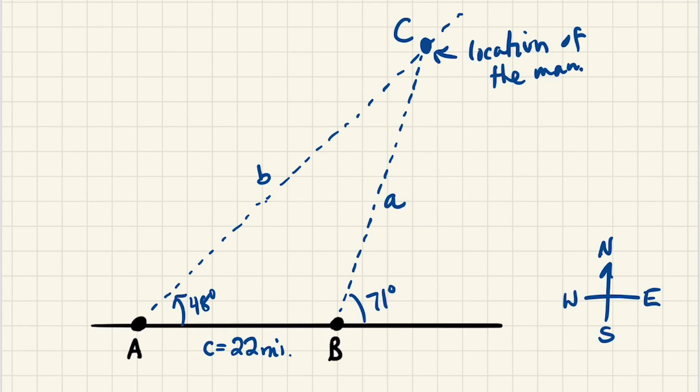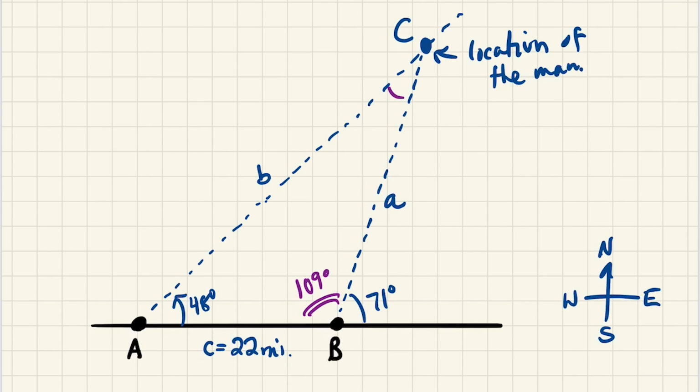So, great. Okay, well, in order to use the law of sines, we need to have an opposite side and opposite angle pair known. So currently we only know one angle in this triangle, but I think we can see that we really know all of them because this angle right here is the supplement to 71, so that would be 109 degrees.